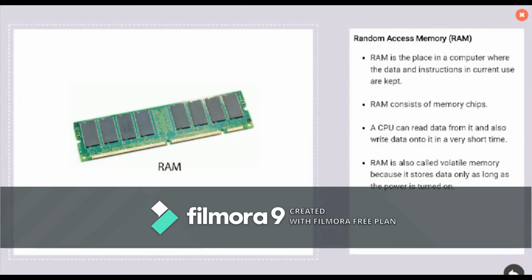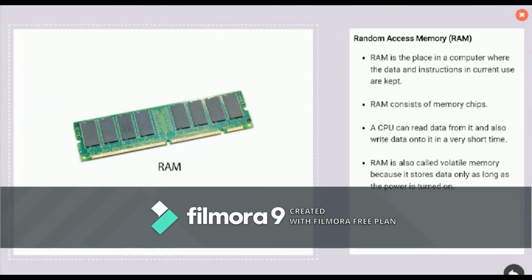First we are going to learn about random access memory. The short term is RAM. RAM is a place in a computer where the data and instructions in current use are kept. In the picture you can see a RAM. RAM consists of memory chips.